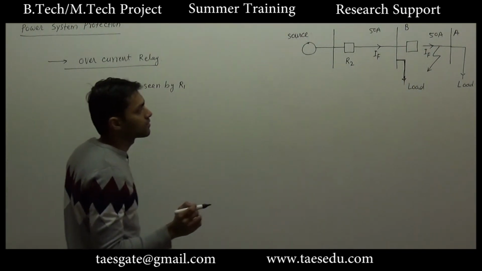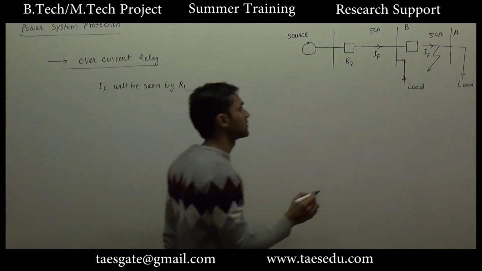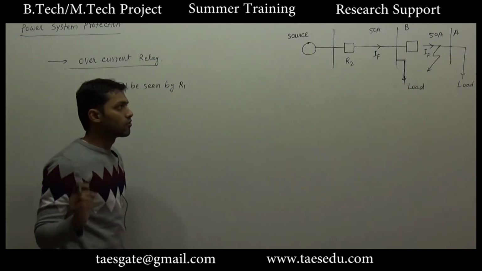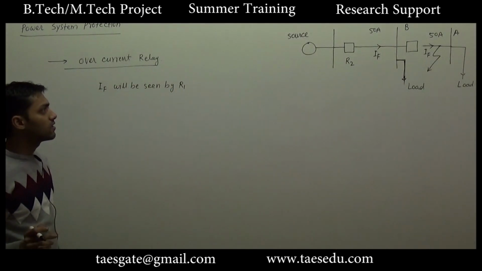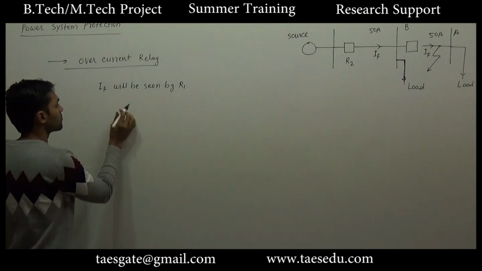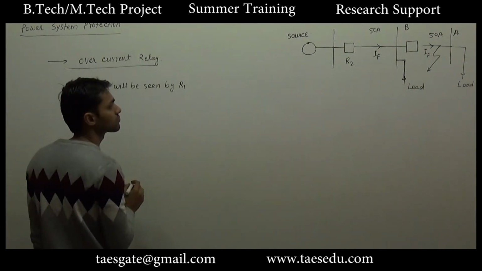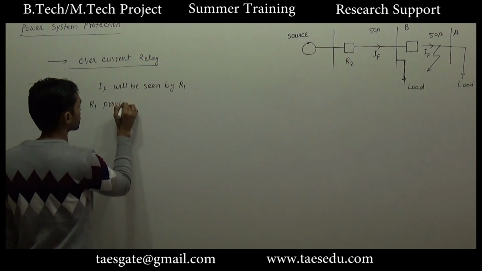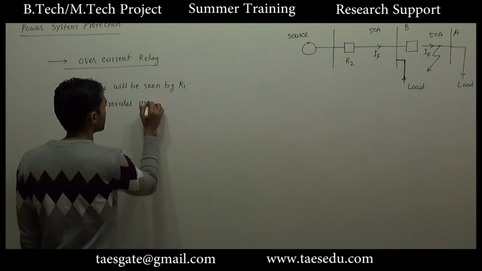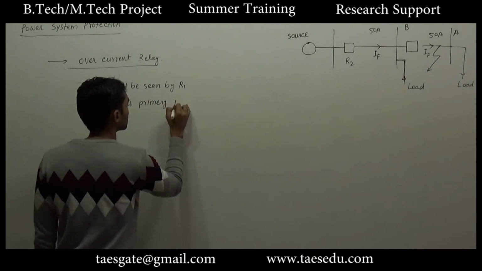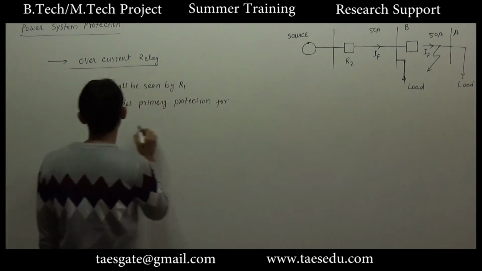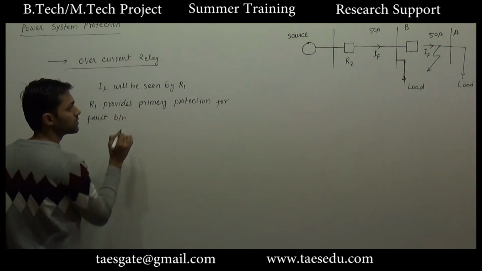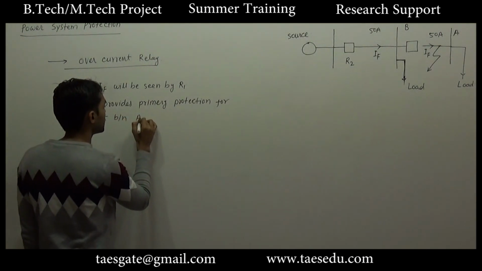For a fault at bus A, let's say near bus A, R1 will provide primary protection for faults between bus A and B.